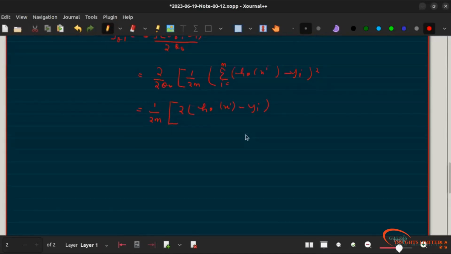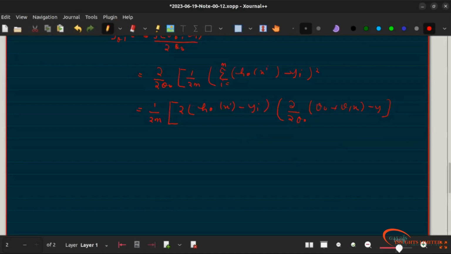So the whole of this function, the derivative of the hypothesis function with respect to theta naught, the hypothesis function being theta naught plus theta 1 x, the whole of this, minus your y.